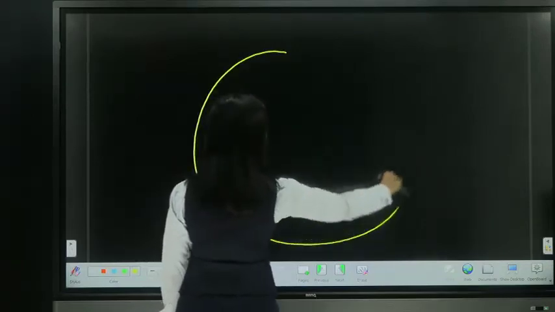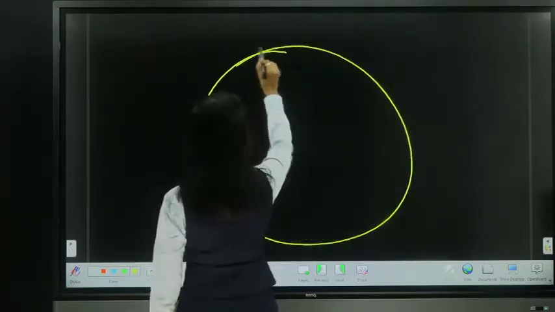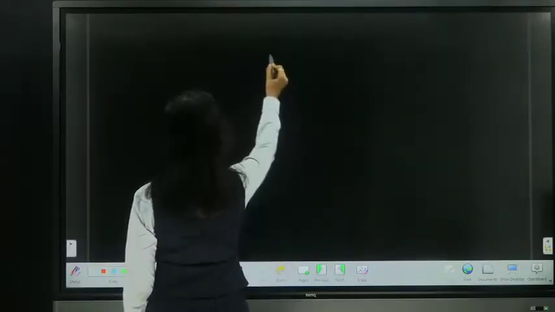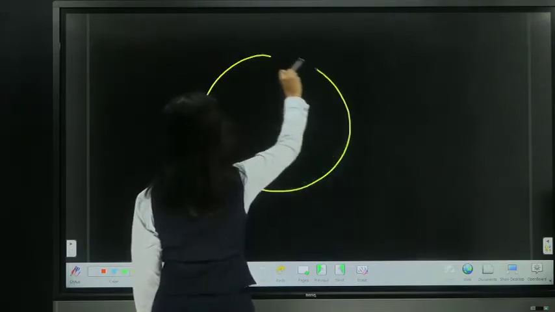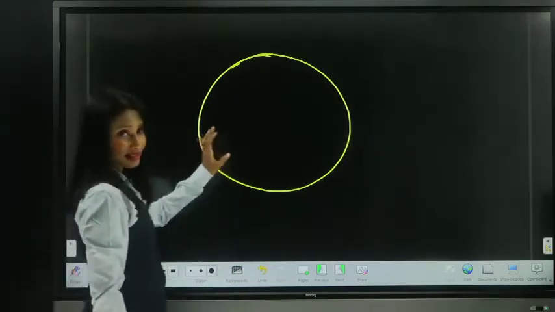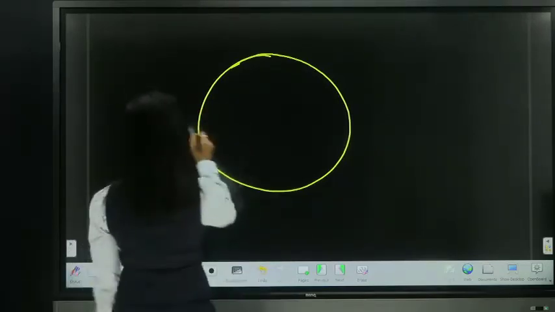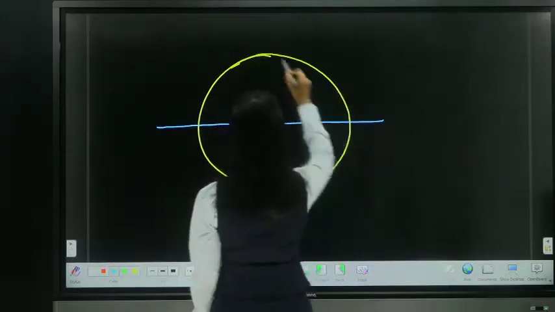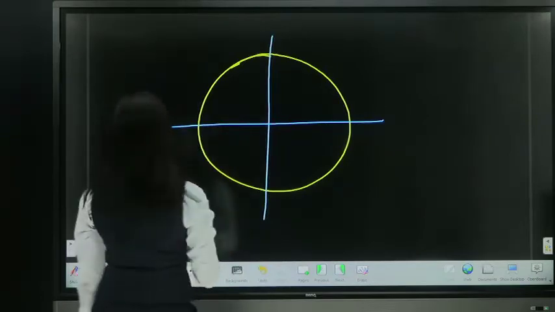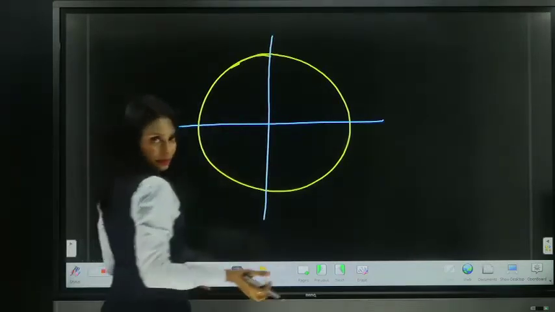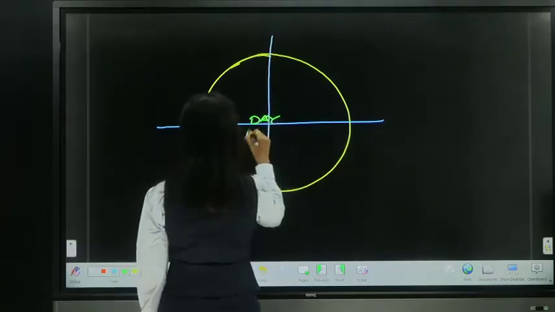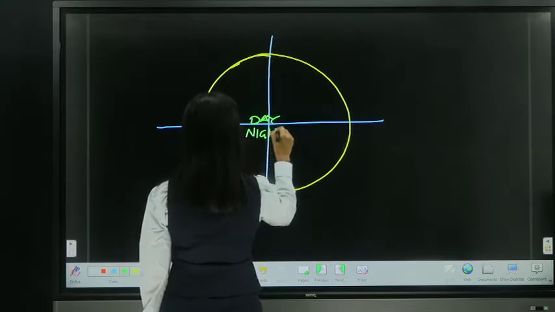To understand the time properly, I'm going to consider this as a day, and classify it into 4 parts, and let's analyze the day. Let's consider this part as day, and this part will become night.